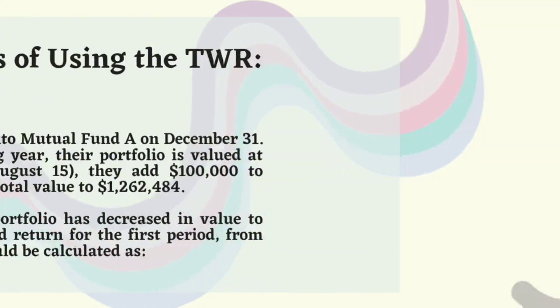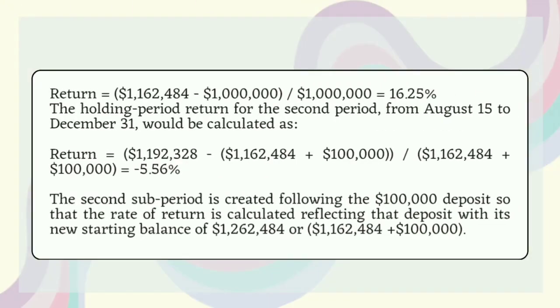So the total return for the first period is $1,162,484 subtracted by $1 million, all divided by $1 million, which is 16.25%.